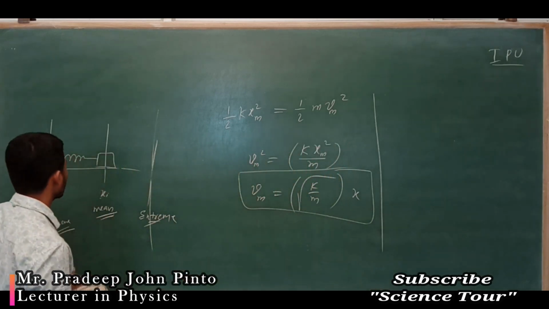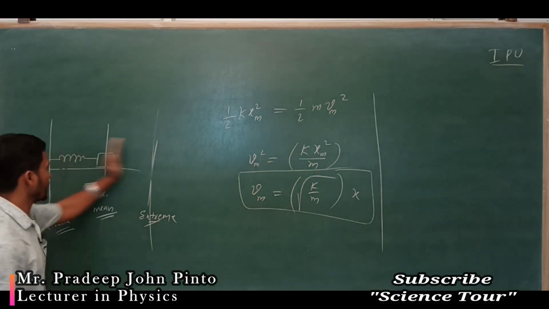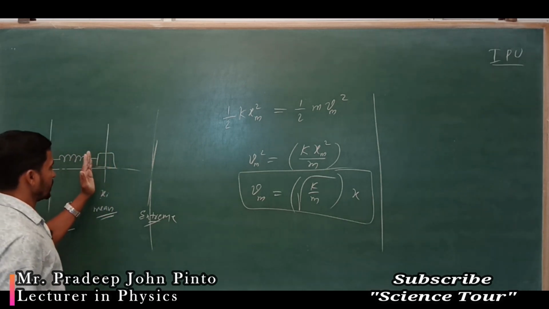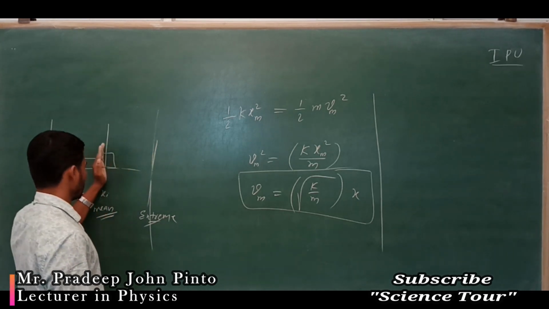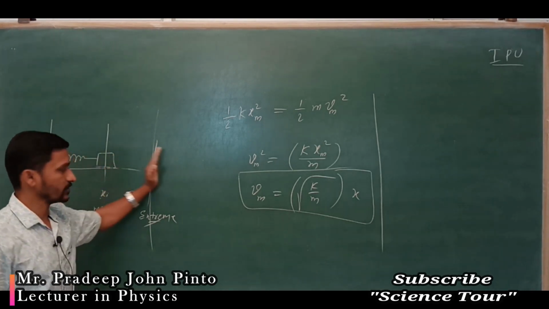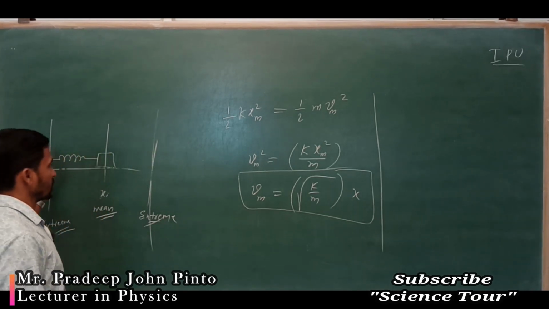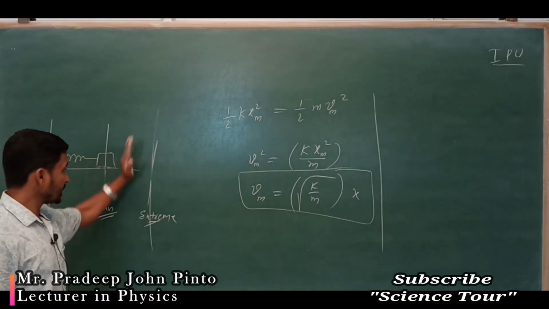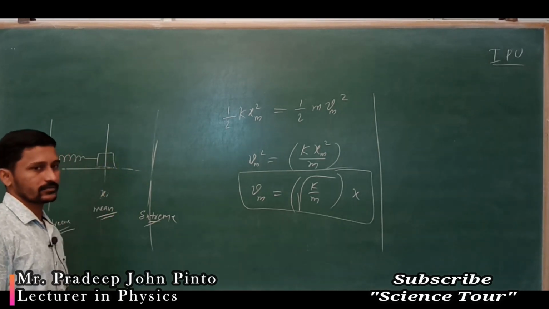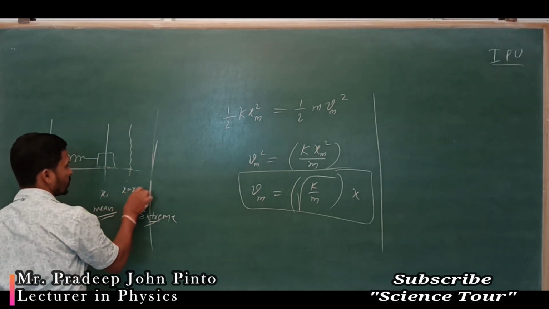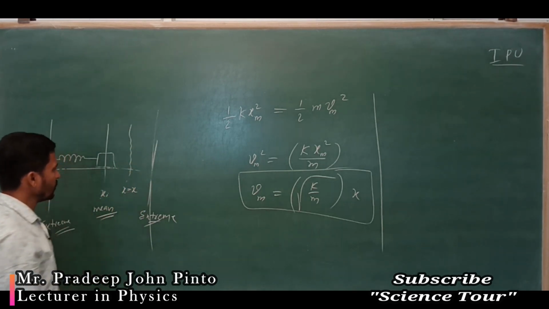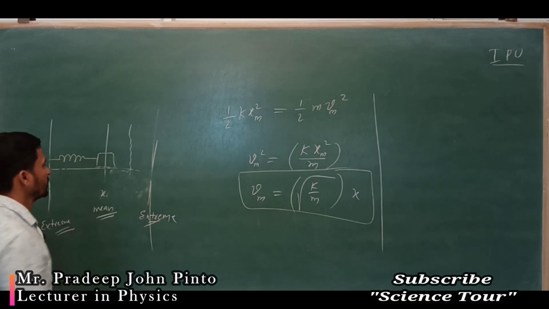But see, when this spring is oscillating, this block is oscillating, here maximum velocity, 0 velocity, maximum velocity, 0 velocity. But there is an intermediate point, no? Intermediate point where x is equal to some value x.